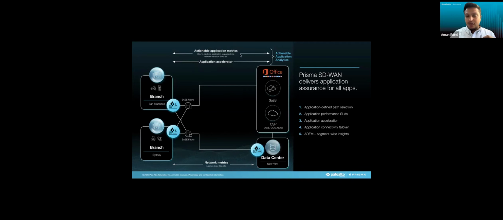So you can define all of these metrics based on the application as well. Suppose for your critical application, you can define that if my network response time or the application server response time is meeting this threshold, then divert my critical application traffic to the best performing link. These are some of the main use cases of SD-WAN.